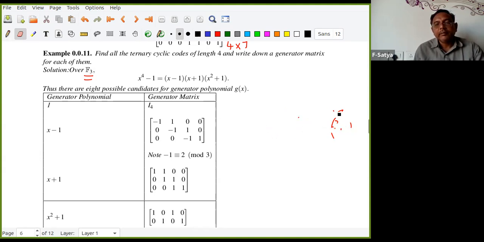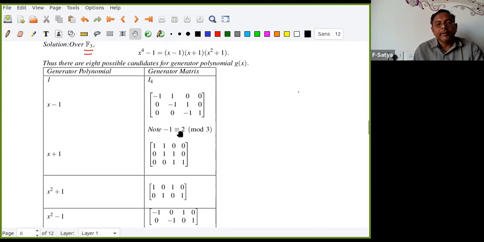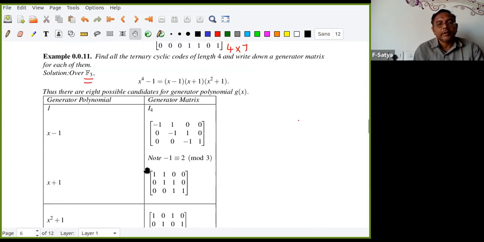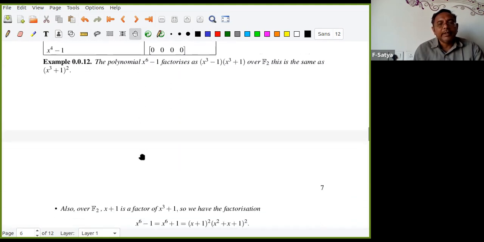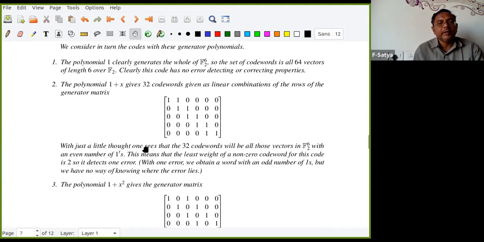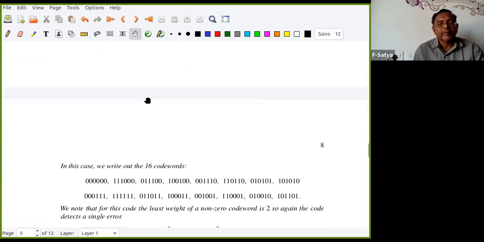For each one of them I constructed the code, and I have even given the matrix also here. You see the matrices, so please check them. So -1 is the same as 2, don't worry about that. All of them I have given here. One more example I have given here. So lots of examples I gave.